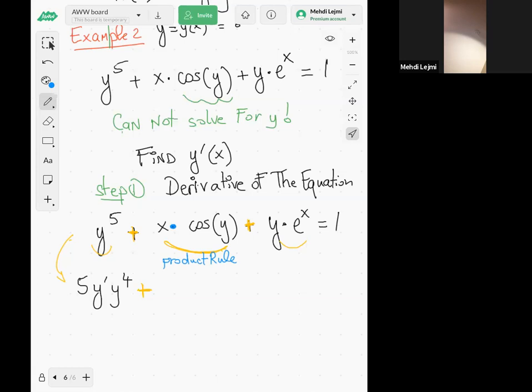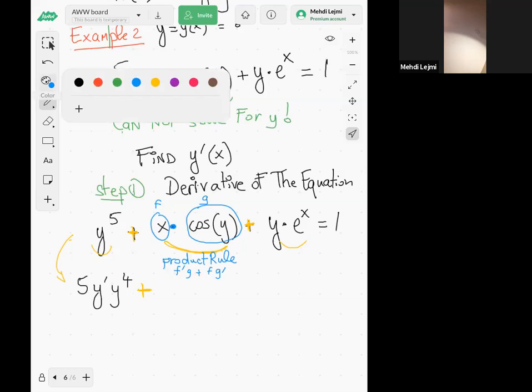So product rule, it means this would be my f and this would be my g, right? And the product rule would be f prime g plus f g prime, right? So any guess what would be the derivative?